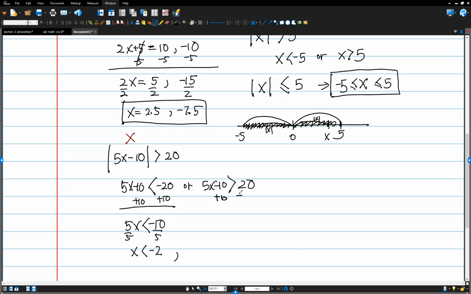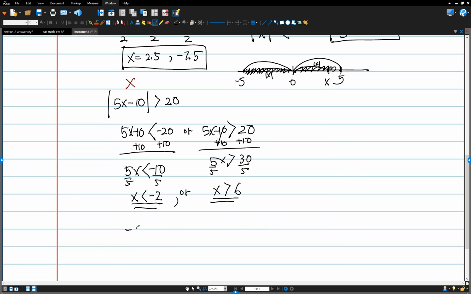Plus 10, plus 10. 5x is greater than 30, isn't it? You need to divide by 5. X is greater than 6. So x should be less than negative 2, or the other one, greater than 6, the other side. That's the solutions.